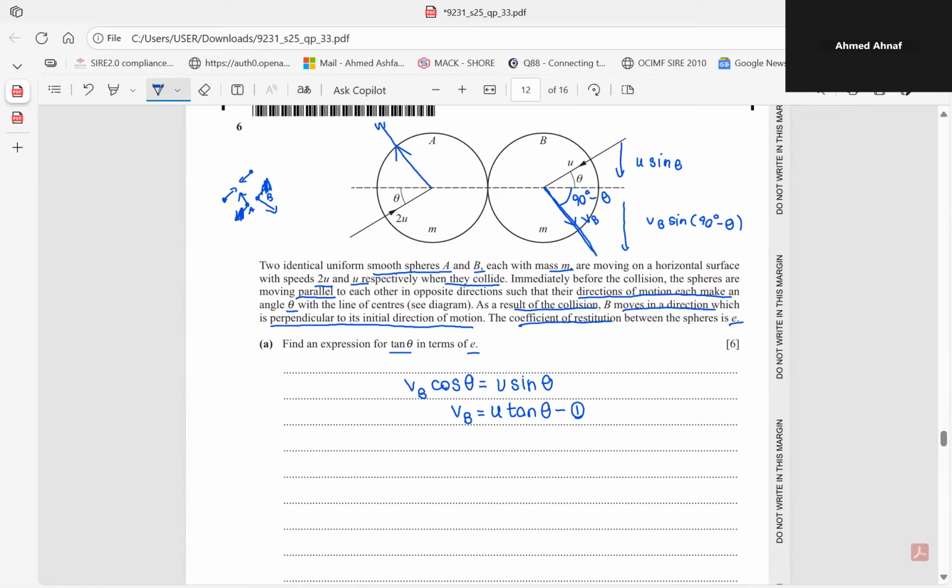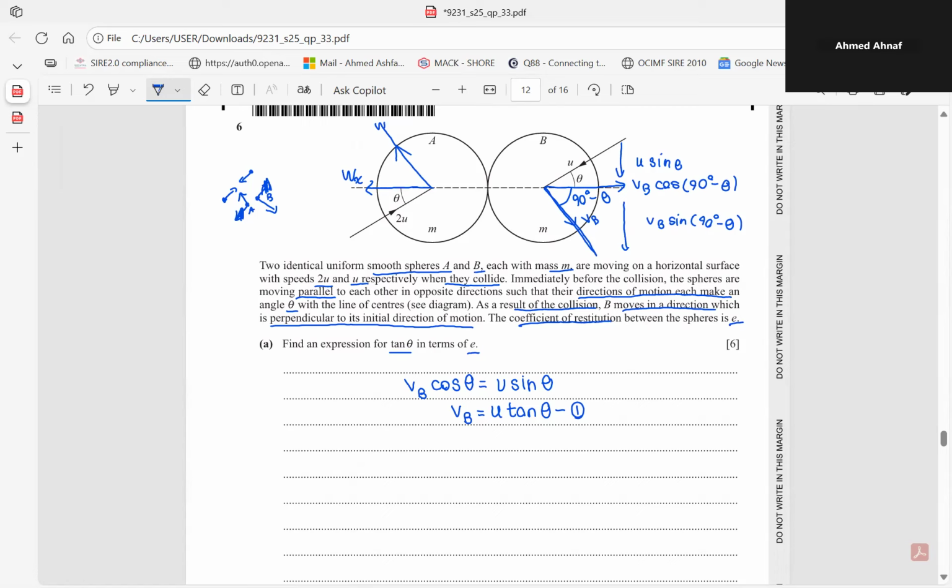So for A, we have Wx, and that's after the collision. And then for B, what should we put? We obviously just have VB cosine (90 minus theta).